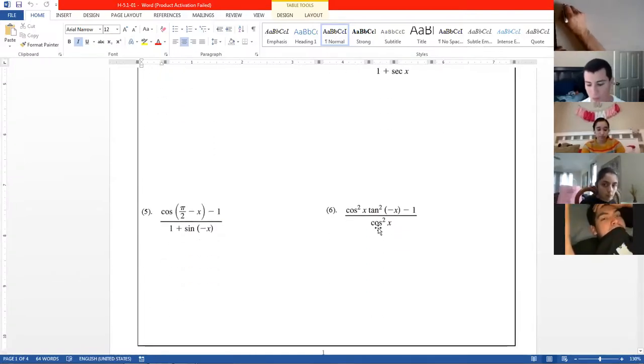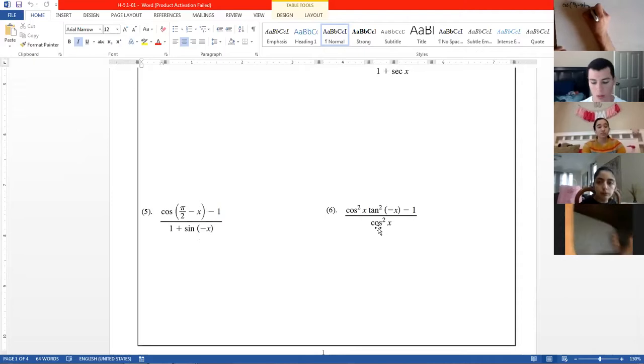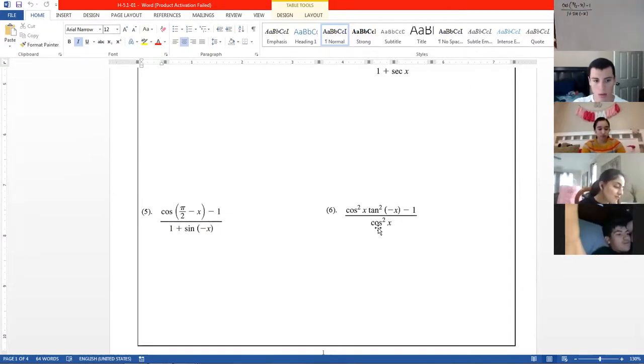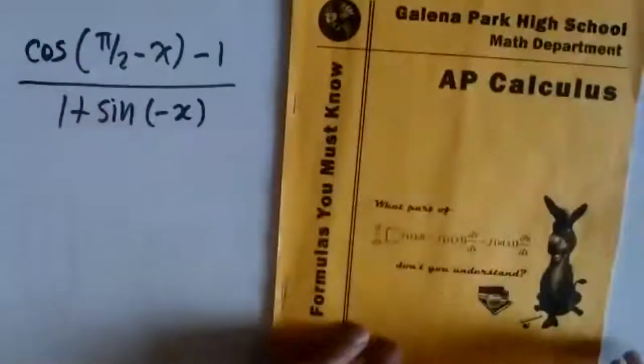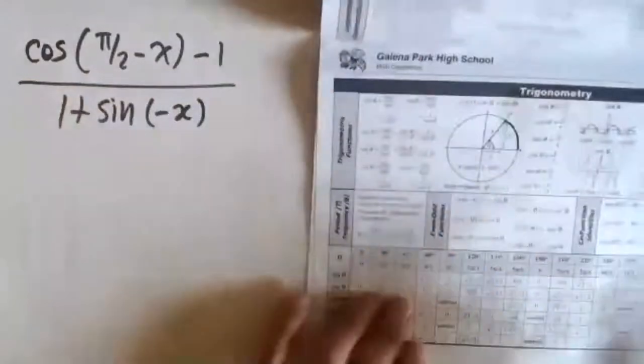So you have cosine of pi over 2 minus x minus 1 over 1 plus sine negative x. Okay, here is the point. What do you need to get this done? This is the expression we have to simplify. So what you need is this one. Well, this is for the AP calculus, but you remember you have this formula booklet. So the identities you need to solve this are right here on this page, where you see the unit circle, you see the graphs.